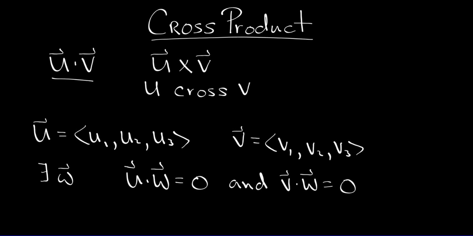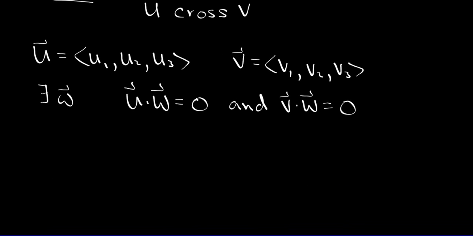Now, what that means is I'm looking for this vector, this W, that is orthogonal to both U and V. So I've got two general vectors here, U and V, and I want to find a vector that's orthogonal to both of them. Now remember, orthogonal means perpendicular, but when we're talking about vectors, usually we refer to it as orthogonal.